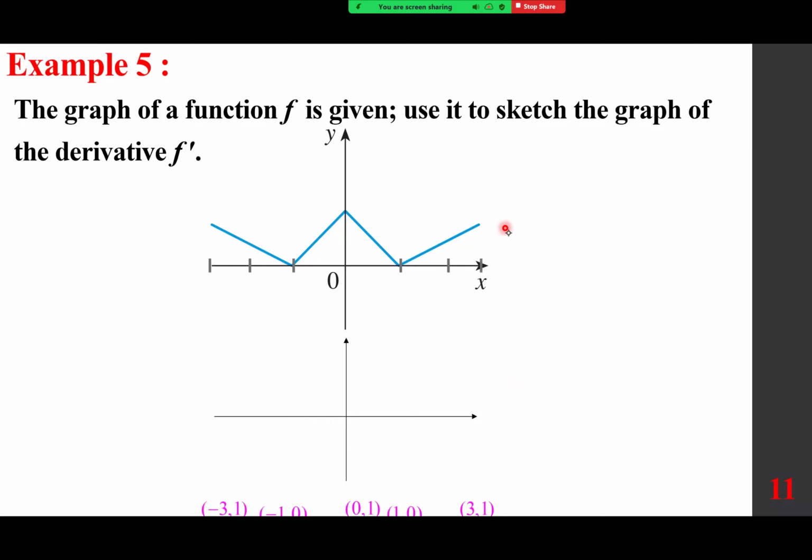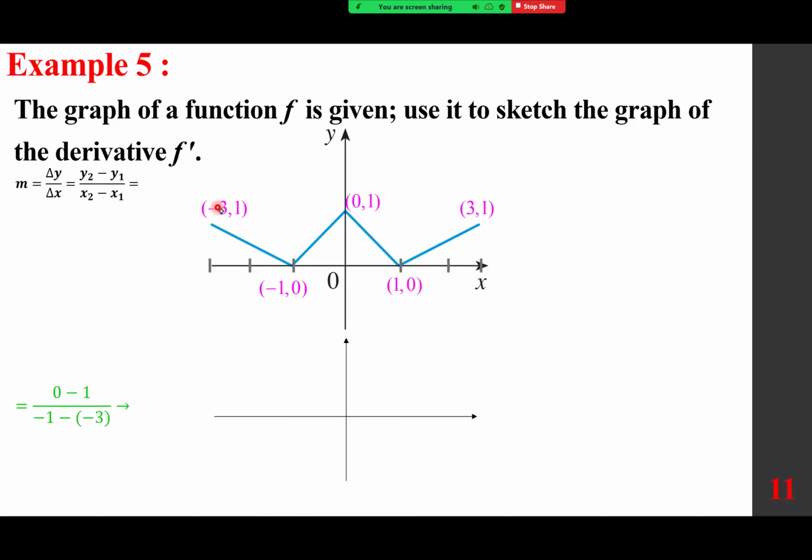So let's throw in some numbers, assuming those are the coordinates of the endpoints. We can calculate the slope. Here it would be (0 minus 1) over (minus 1 minus negative 3), which results in negative 1/2. If the slope for this one is negative 1/2, for this one it must be positive 1/2.